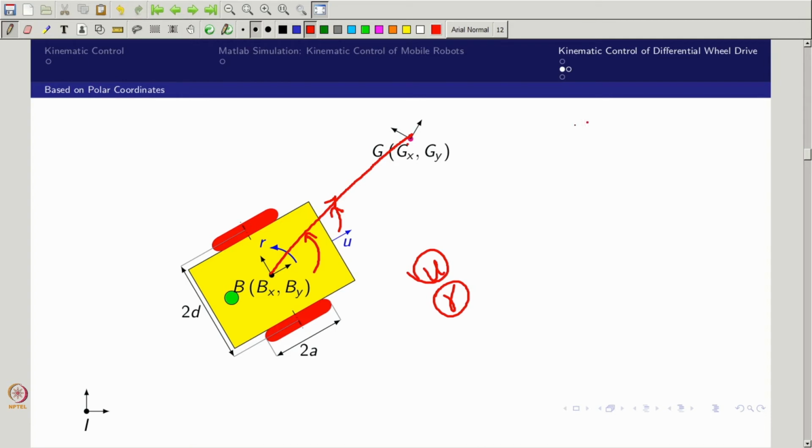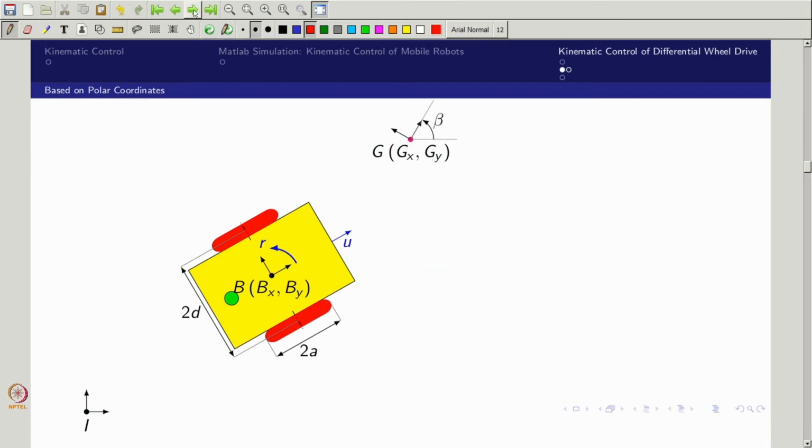I can write this overall equation in polar coordinates, in rho, alpha, beta form, or I can write what I did earlier, using a line of sight method. We will see one by one. First we will do the polar coordinate based one. Now I can draw a line between B and G, and I call that distance the radius rho.